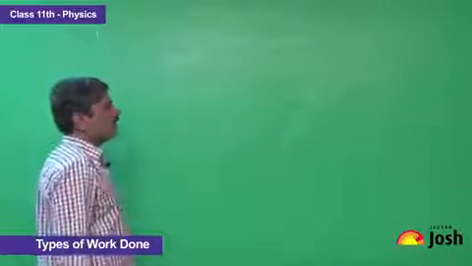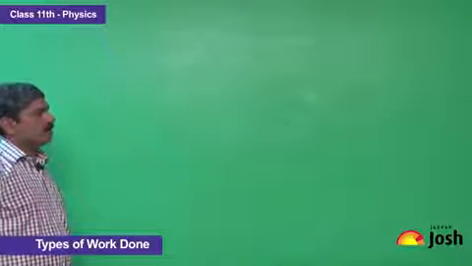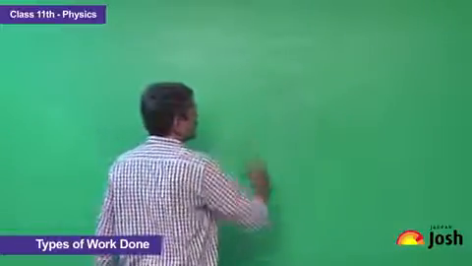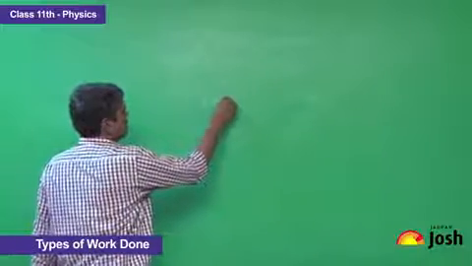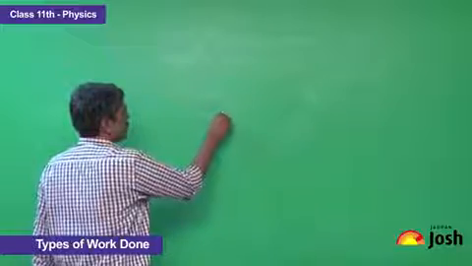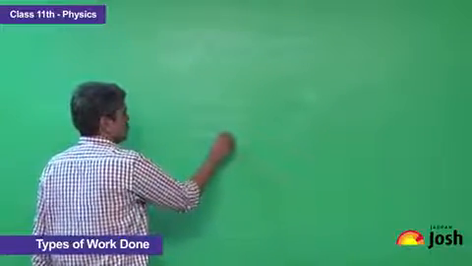So the angle between the displacement vector and the force applied is 90 degrees. So work done by the centripetal force is 0.